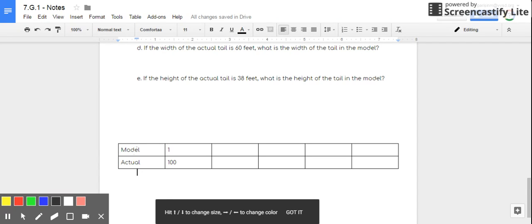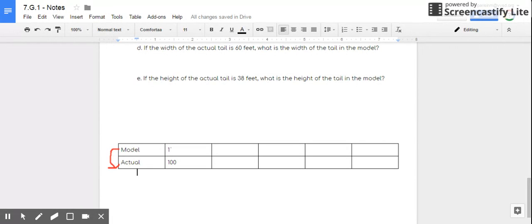So what you needed to figure out first is how do you get from the model to the actual, and then the actual to the model. If we go from model to actual, we're going from 1 to 100. In order to go from 1 to 100, we are multiplying by 100 because 1 times 100 is 100.